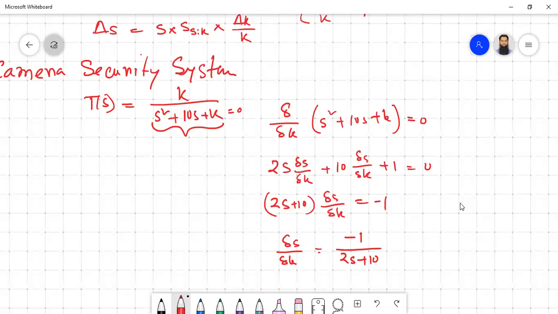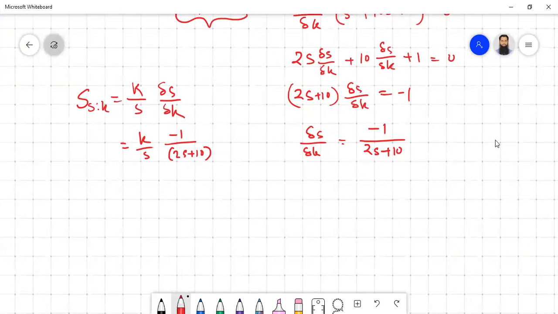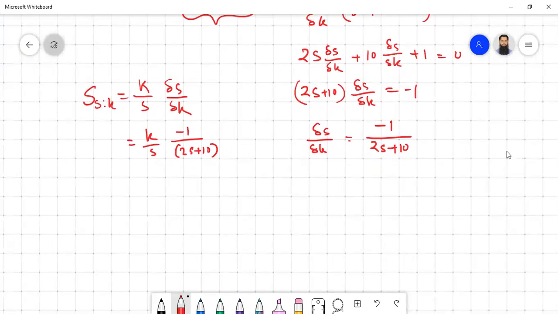Our formula for the sensitivity of the pole with respect to K is K by S times del S by del K. So you just put the value of del S by del K here: minus 1 over twice S plus 10. One of the points of our table 8.1 was for K equal to 5, where we figured out that S equal to minus 9.47 was one of our poles.